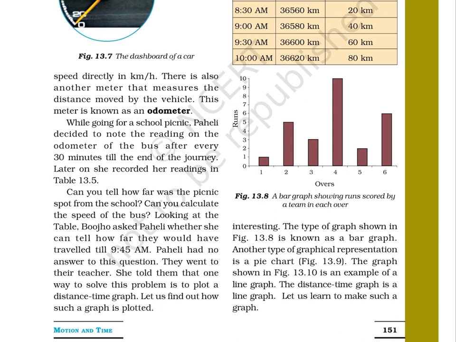In the second over, they scored 5 runs. In the third over, they scored 3 runs. In the fourth over, they scored 10 runs. In the fifth over, they scored 2 runs. In the sixth over, they scored 6 runs.